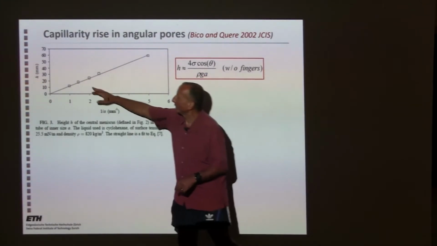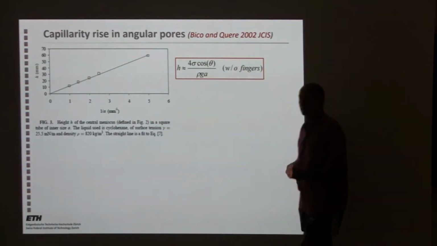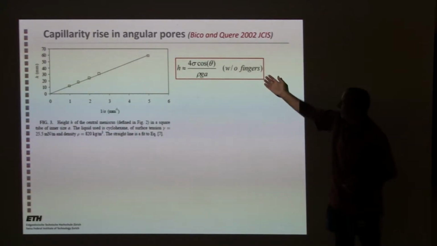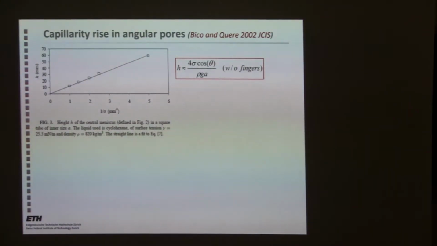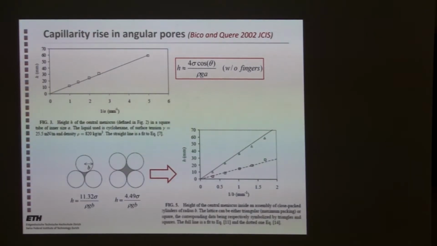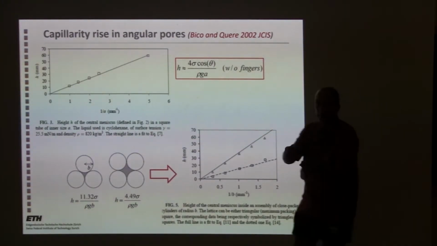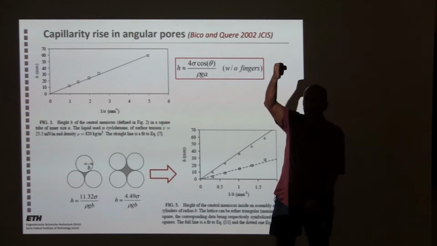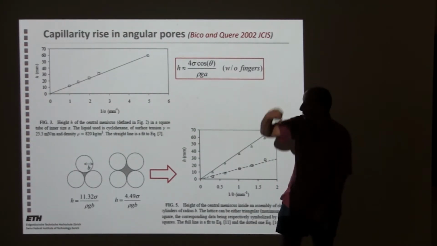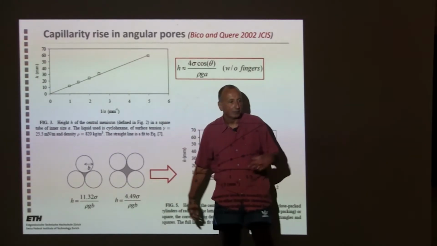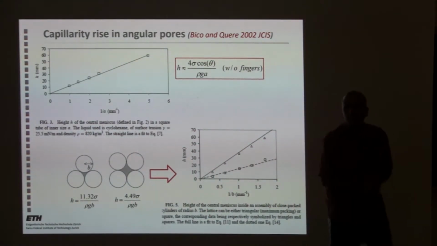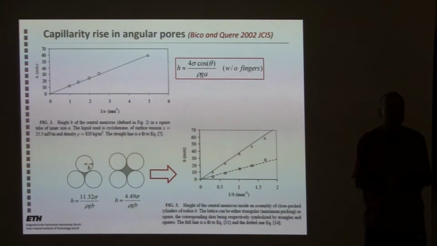And these are the experimental data of Bico and Quéré, and the line is basically this line, ignoring the fingers because they're really not contributing that much. And you can take this to other complicated geometries, like capillary rise between a bundle of cylinders. If you know the perimeter, the weighted perimeter, everything is easily calculated.